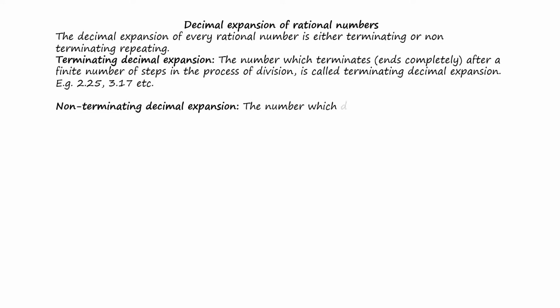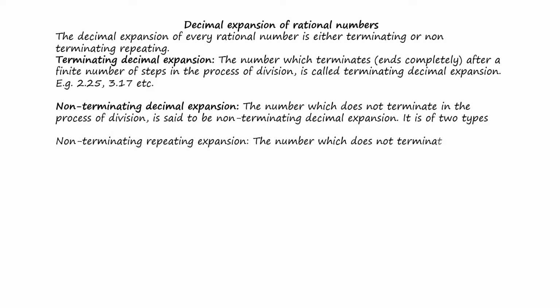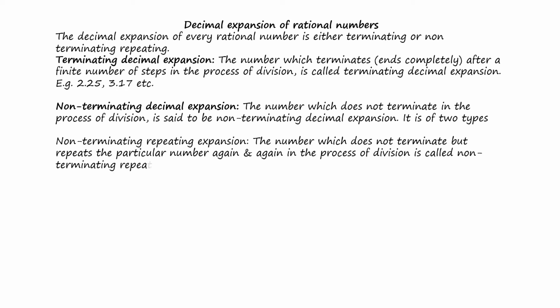Non-terminating decimal expansion: the number which does not terminate in the process of division is said to be non-terminating decimal expansion. It is of two types. Non-terminating repeating expansion: the number which does not terminate but repeats a particular number again and again in the process of division is called non-terminating repeating expansion or non-terminating repeating decimal.